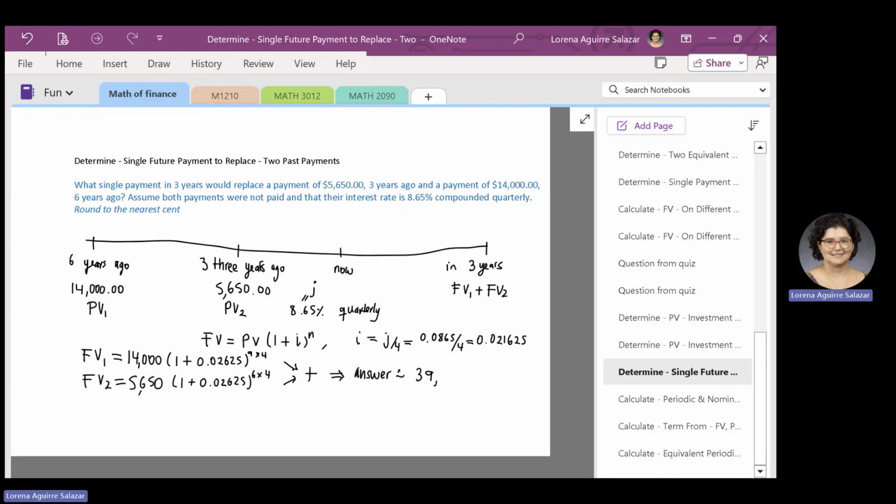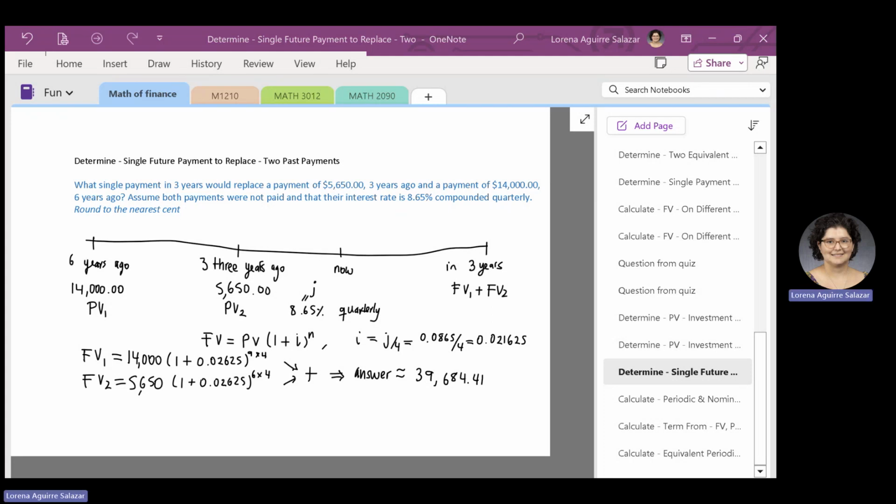The symbol here means approximately. What we have here is that a payment of about $39,684.41 would settle both payments in 3 years.